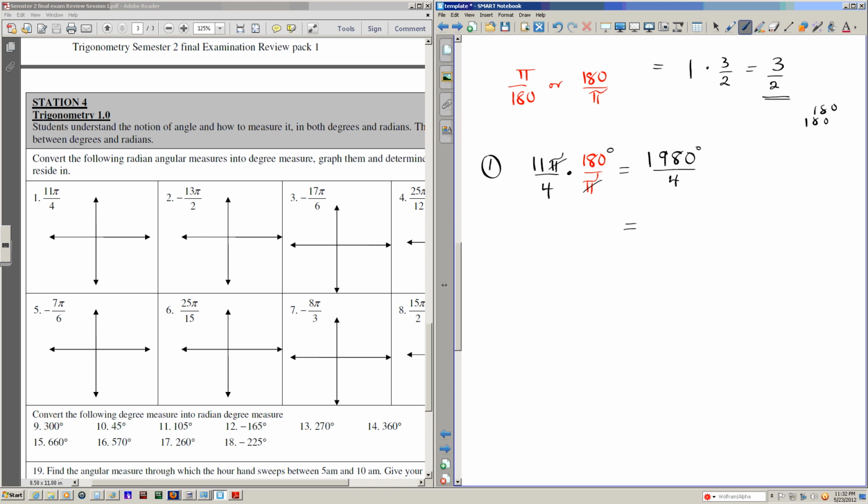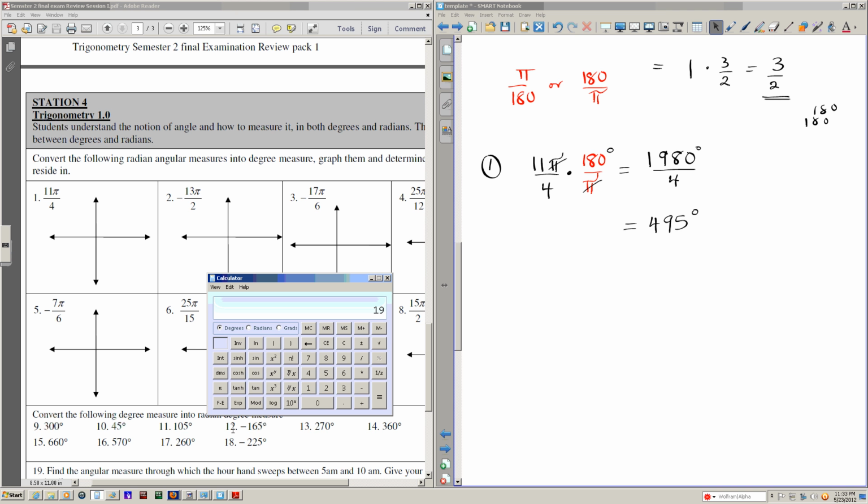If you divide that, 4 goes here, carry 3 and goes into 38 9 times. Carry 2, 495, 495 degrees.